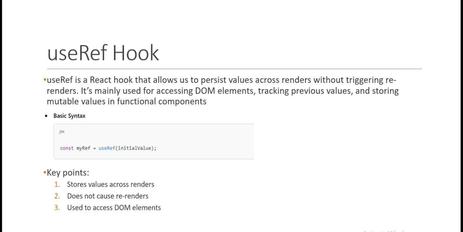Now in this video, we'll extend the same counter example and see how useRef works. We'll understand how it helps us store values across renders without causing re-renders, and how we can use it for interacting with DOM elements.